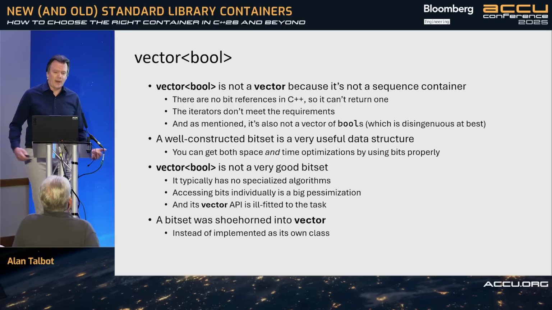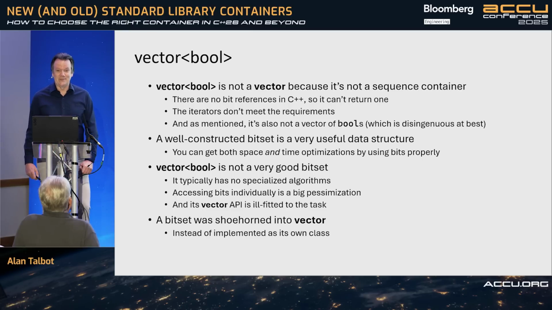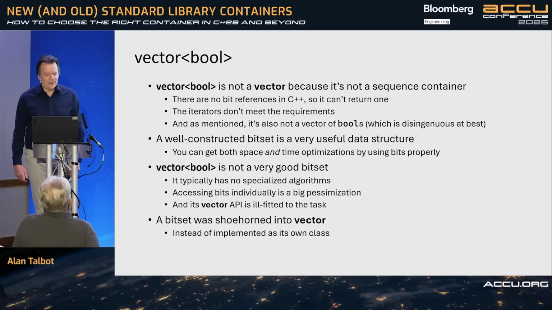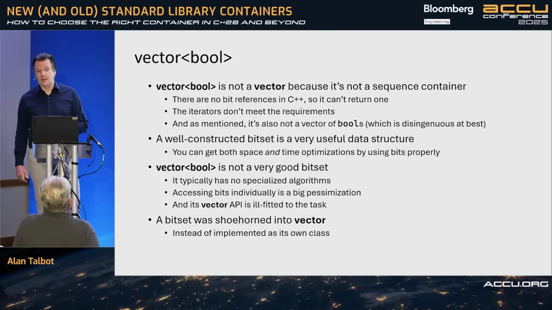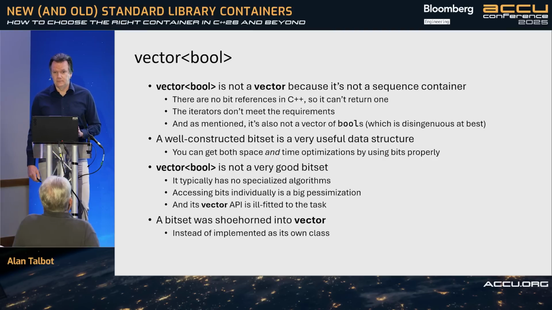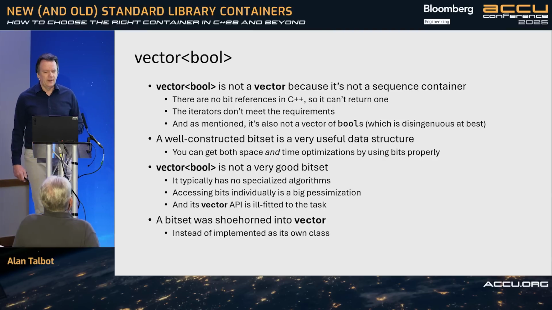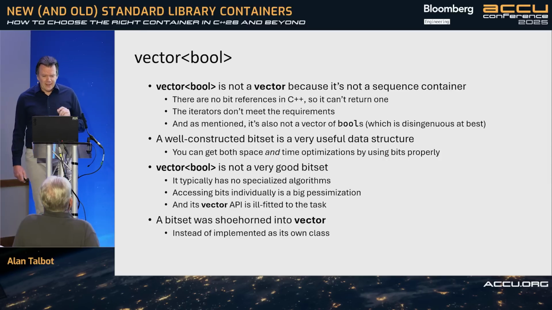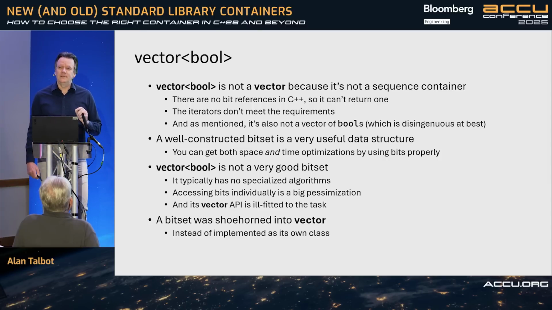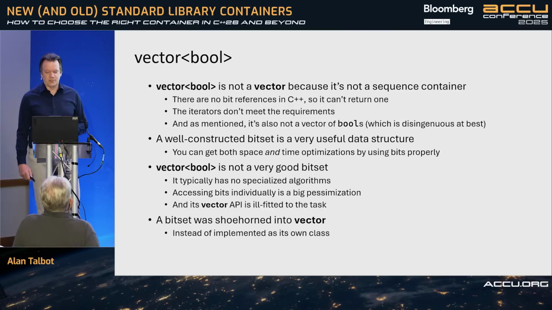And of course, it's also not a vector of bools, which, as I've said, is a little bit misleading, to say the least. Mind you, a bit set's a very useful data structure, and a bit set can save you space and time, a proper bit set. It's not about bit sets. Vector bool just isn't a very good bit set. And this is because most of the libraries don't have specialized algorithms.